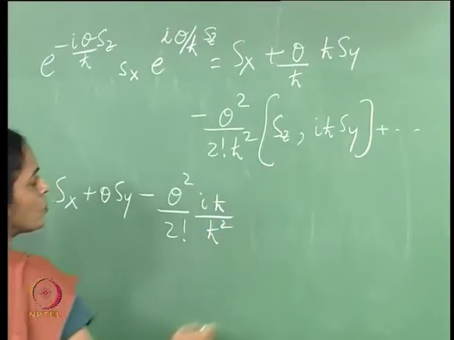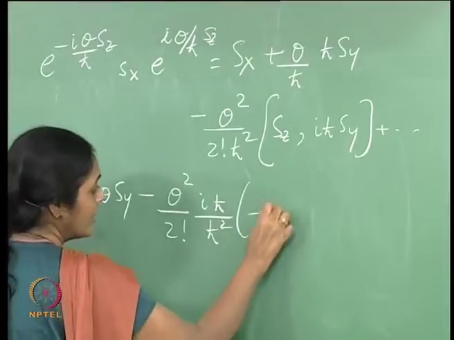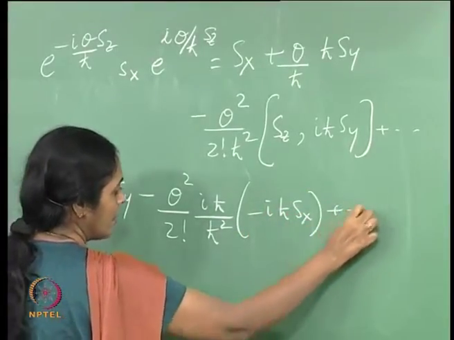That is an S z with S y, and that is a minus i h cross S x, plus so on.